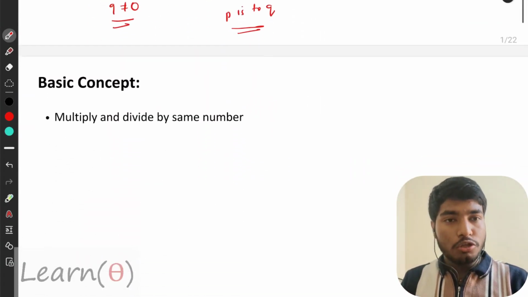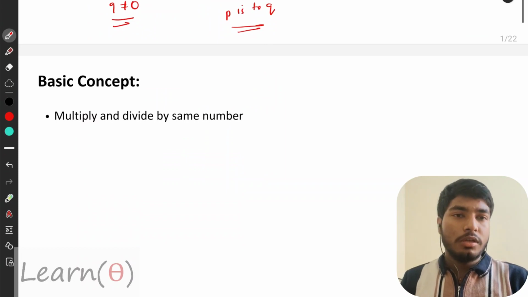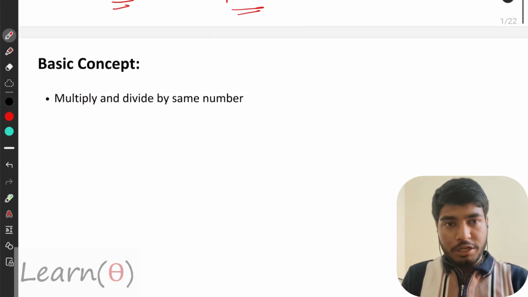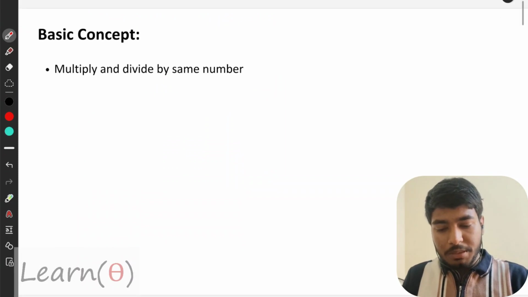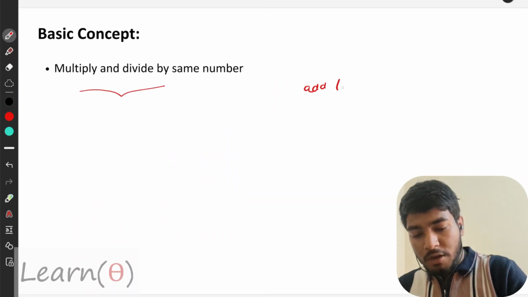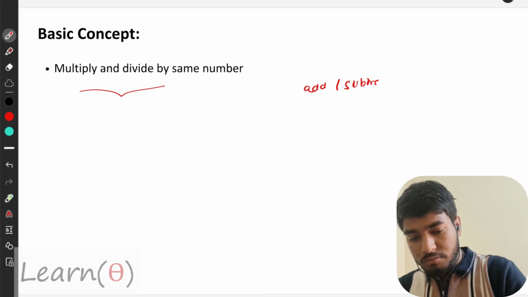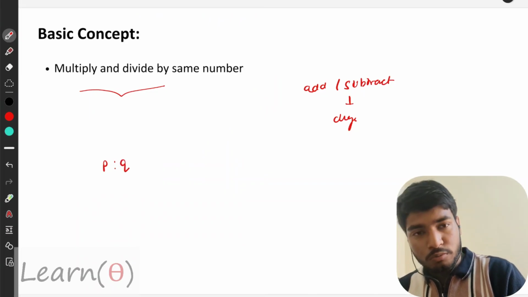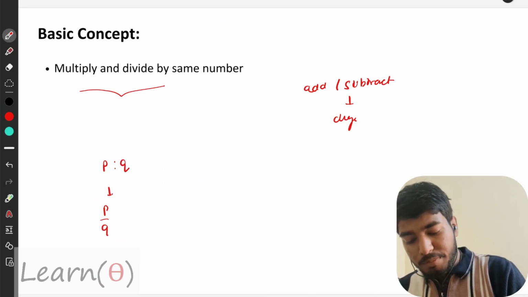So basically a ratio always remains the same whenever multiplied or divided by the same number. But if you add or subtract, it will change. What does it mean? Let us say I have p is to q, so I write it as p by q.